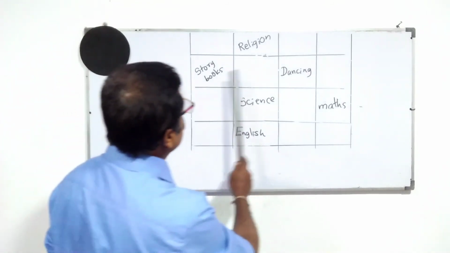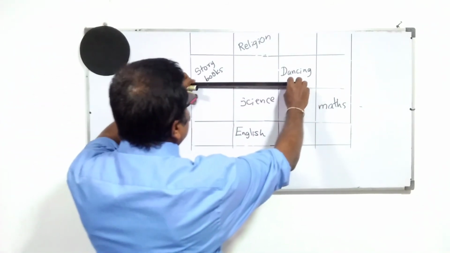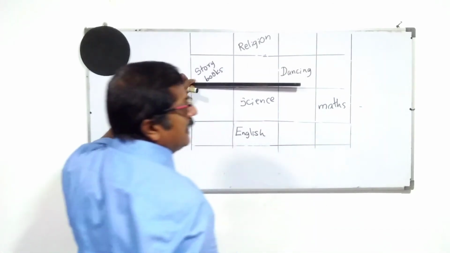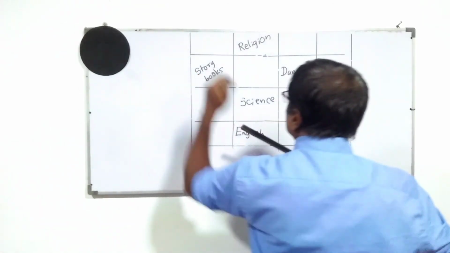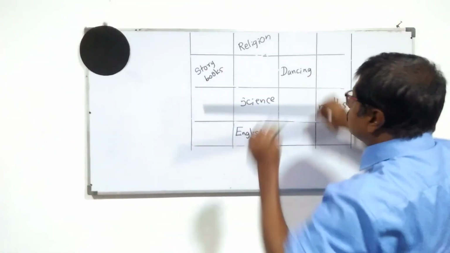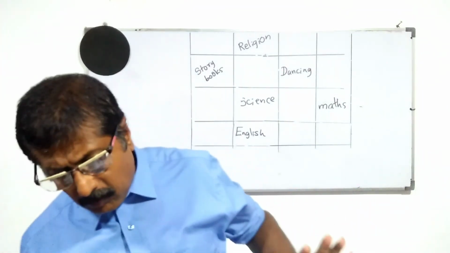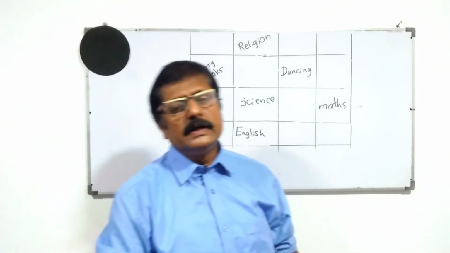Then story books and dancing books. Dancing books lie horizontally on the right hand side, to the right. And the story books lie horizontal left of the dancing books, like that. Alright, this is all what you need to know about directions.